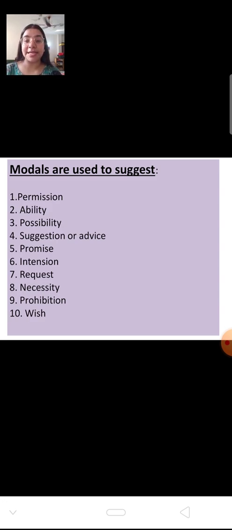So these are the certain categories into which the different modals are divided. When we want permission from someone, we use certain modals. When we want to see someone's ability, we use certain other modals. That means these are all the categories where these auxiliary verbs or modals are used.